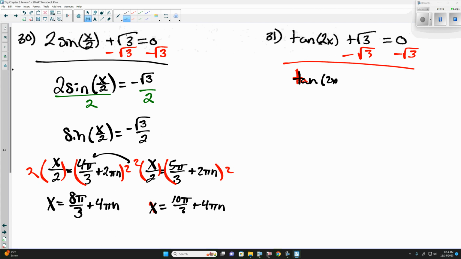Tangent of 2x is equal to negative square root of 3. Now negative square root of 3 is going to be our 2 pi over 3 and 5 pi over 3, if I remember right. First and fourth.